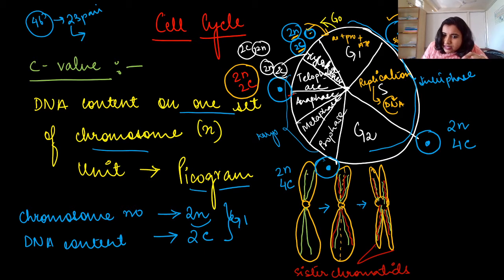Initially the DNA is like this. It is 2N, 2C, right? In S phase, what will happen? See here, this red one is a complementary strand which is synthesized, right? So we can say the DNA content changed from 2C to 4C, because each of these green DNA strands is synthesizing a complementary strand, the red one.